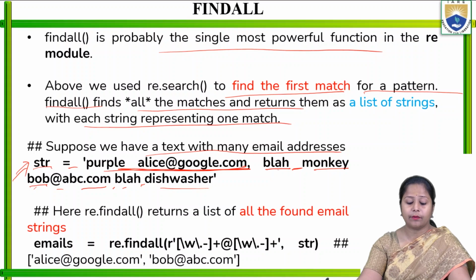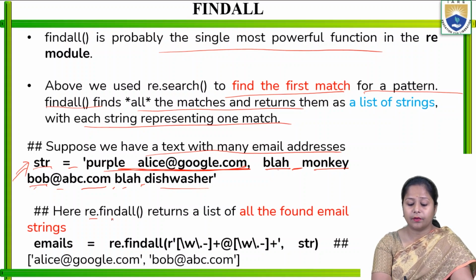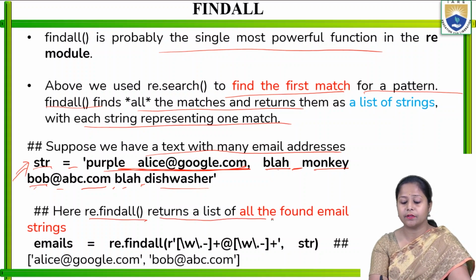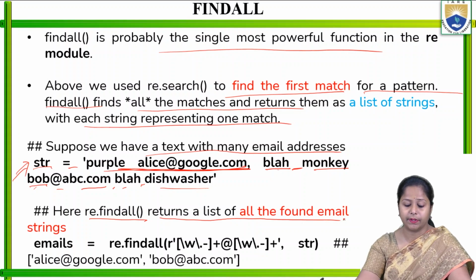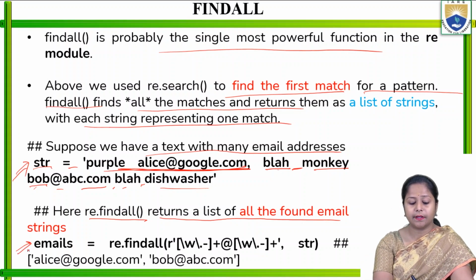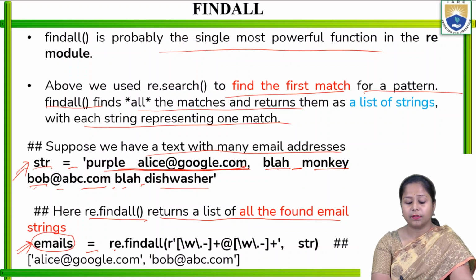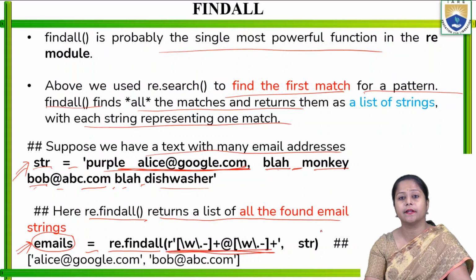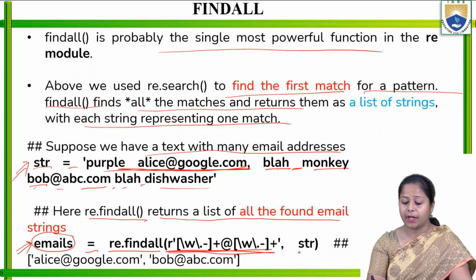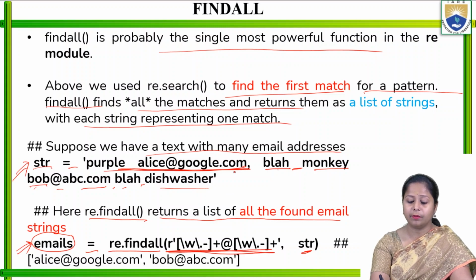Then in the next line, I would like to write re.findall, which is a function that is going to list all the found emails in one place. So I would like to consider a variable emails is equal to re.findall, with a pattern to find the email IDs, comma str. The str will be taken from here.